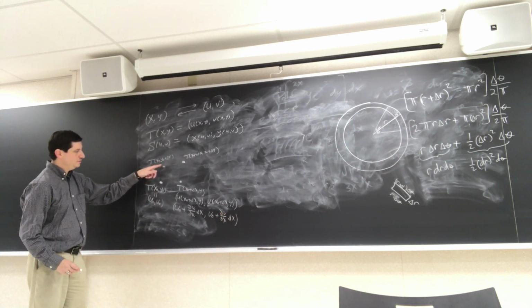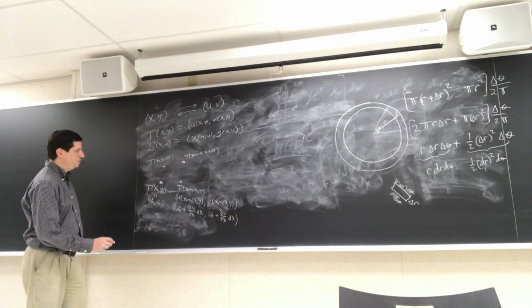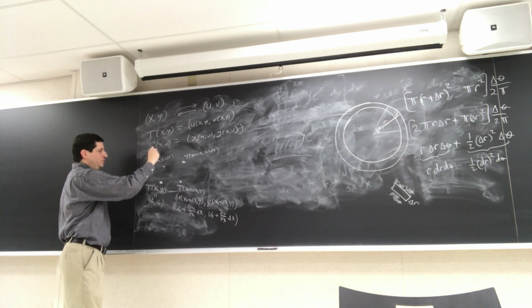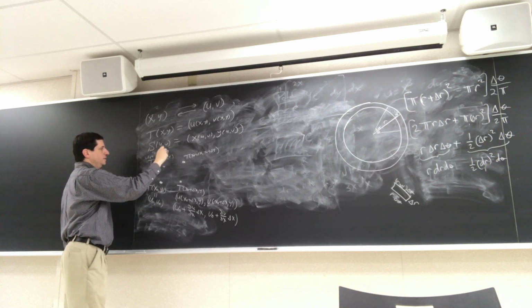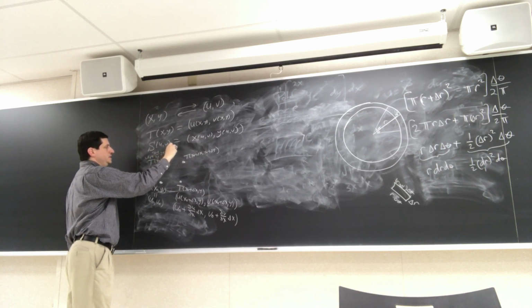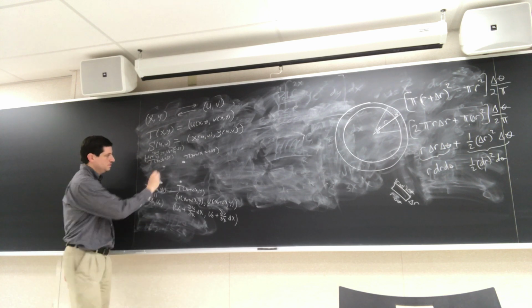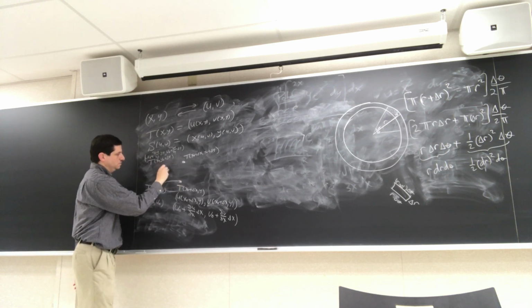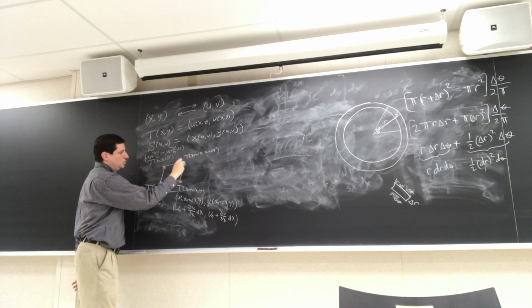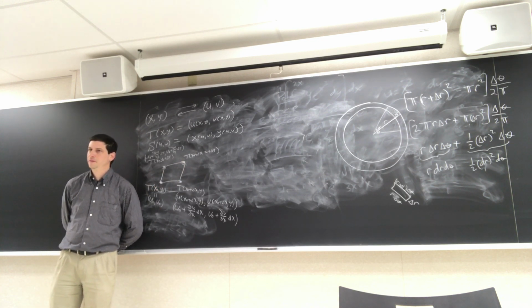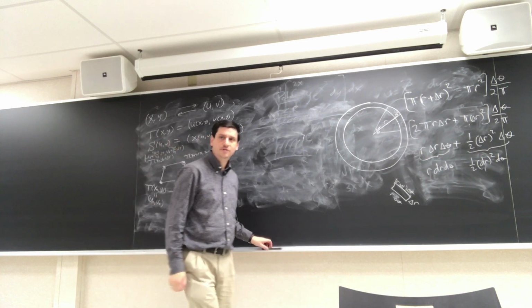If I came over here, I would have the point u naught plus du dy delta y, and then v naught plus dv dy delta y. We'll do this in more detail later, but this is a parallelogram. How would you find the area of a parallelogram?